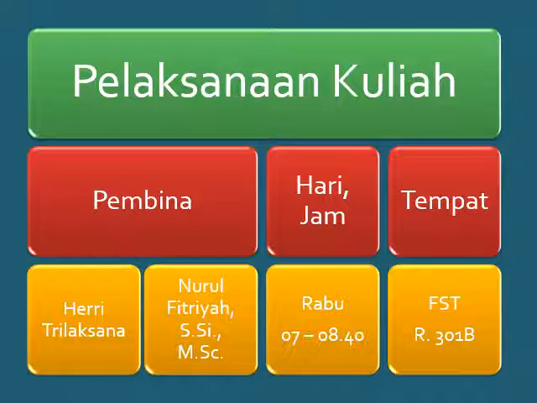If you come to the Faculty of Science and Technology, you come to the South Wing and go up the stairs to level 3, on the east side. There is 301A, then the next one is 301B, the next one is 301C, and so on.